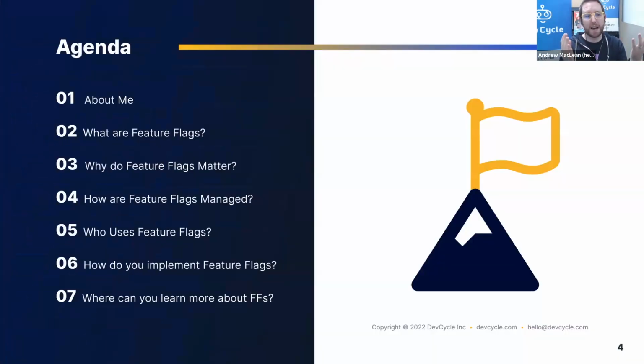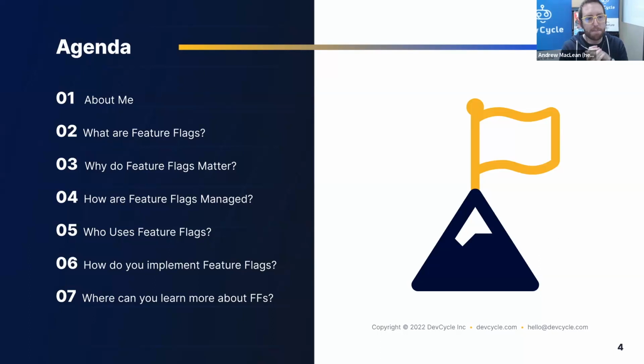Our talk today, here's kind of a rough flow of what I'm going to be talking about. We're going to talk a little bit about my background. Going to talk obviously about what feature flags actually are at kind of a top level. We're going to look at why they matter, so why these are a really important tool in a developer's toolkit. We're going to talk about how they're managed, particularly managed at scale.